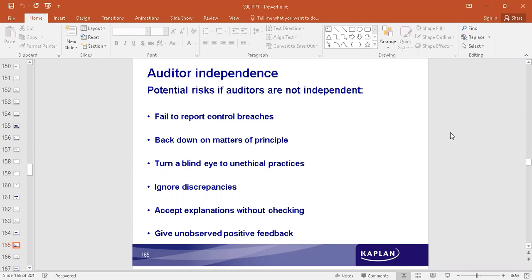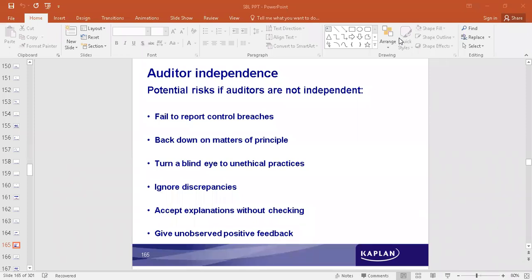In general, if the auditors do not have that independence, they would fail to control breaches, fail to report control breaches, back down on matters of principle, turn a blind eye to unethical practices, ignore discrepancies, accept explanations without checking, and give unobserved positive feedback. So these are the potential risks that are present if the auditors do not have an independent view.